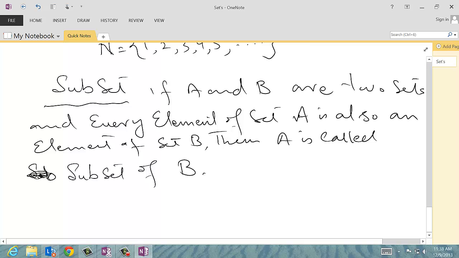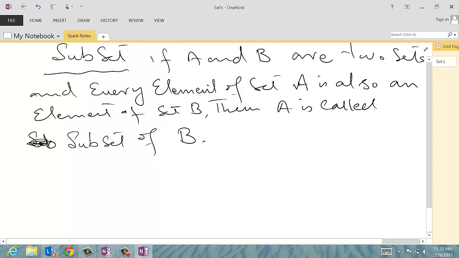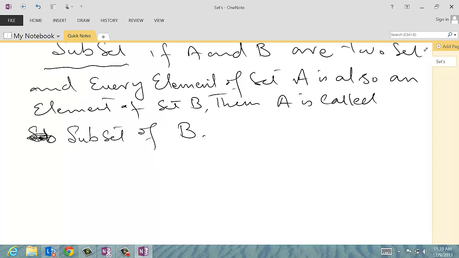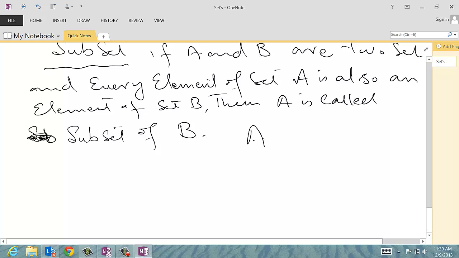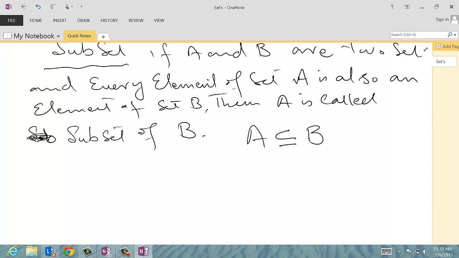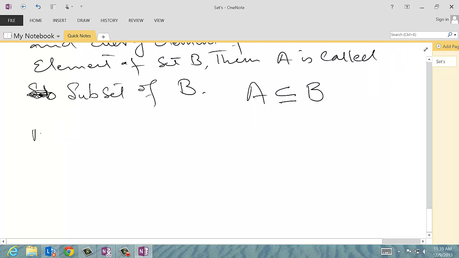It doesn't say that every element of B is an element of set A. It only says that every element of set A is also an element of set B. And the way we denote it in mathematics, we are going to denote it as A is contained in set B. Okay. Now remember that every set is a subset of itself. So that's quite interesting.